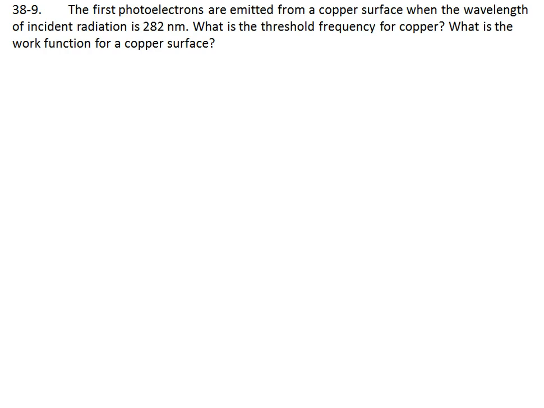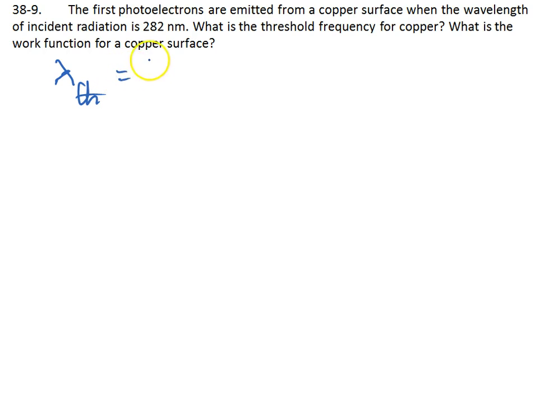So the threshold frequency is the frequency below which no photoelectrons can be ejected. And by saying that the first photoelectrons are emitted tells us that the wavelength we've been given corresponds to the threshold frequency.